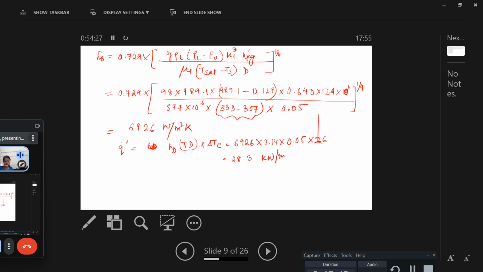Okay, so we can directly write as 28.3 kilowatt per meter.